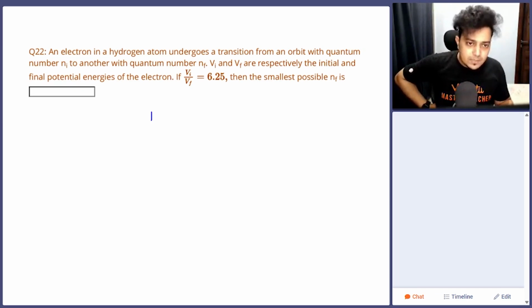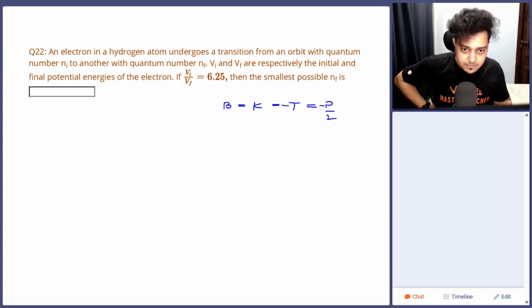Okay. So first of all, potential energy is negative. So we know binding energy or ionization energy, K is kinetic energy, T is total energy, P is potential energy. So total energy formula everybody knows.